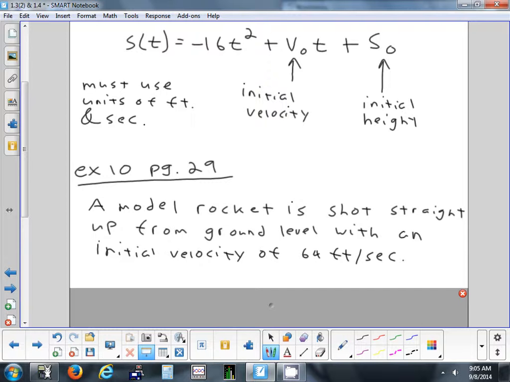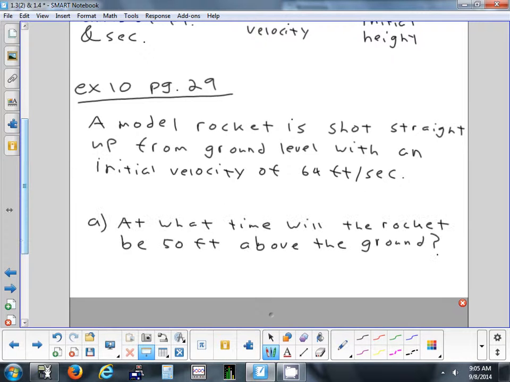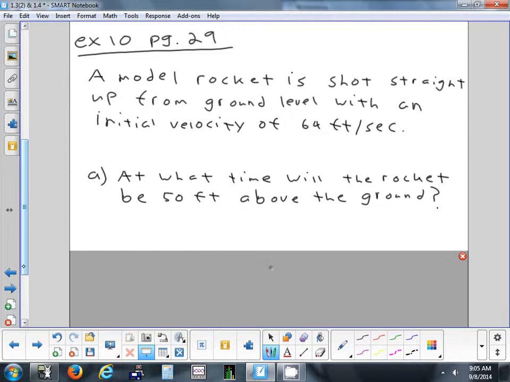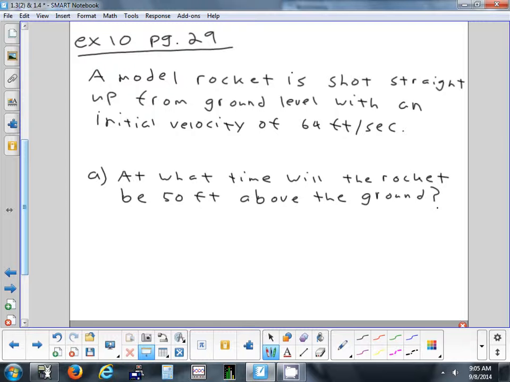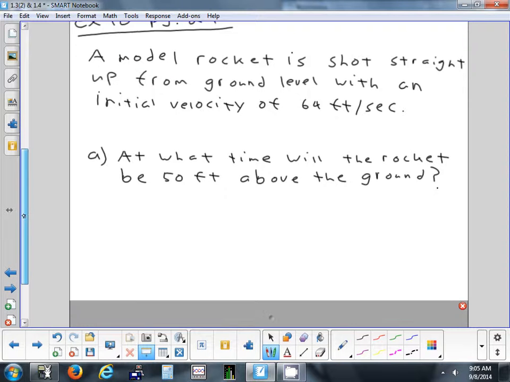There is no initial height in this case, but there is an initial velocity, 64 feet per second. Two questions: at what time will the rocket be 50 feet above the ground? And I also want to know, how high will the object go?